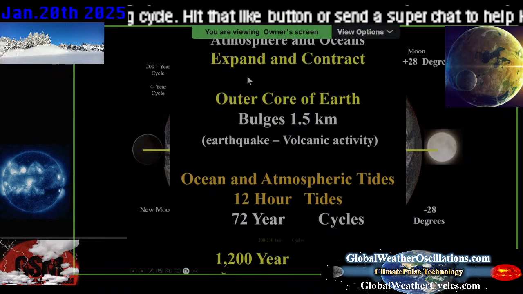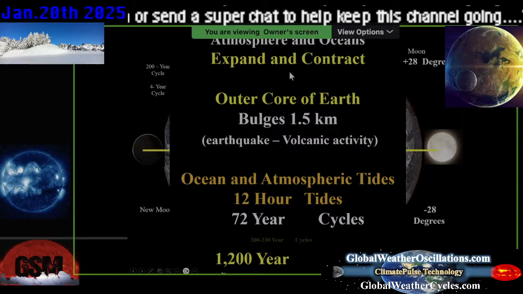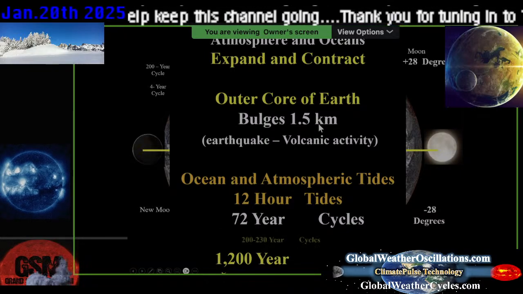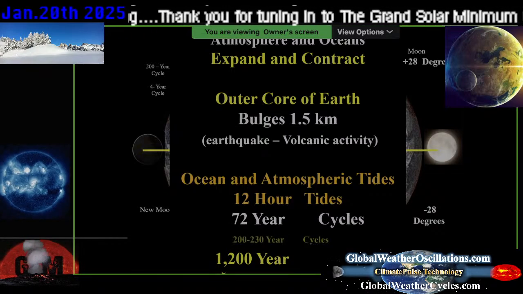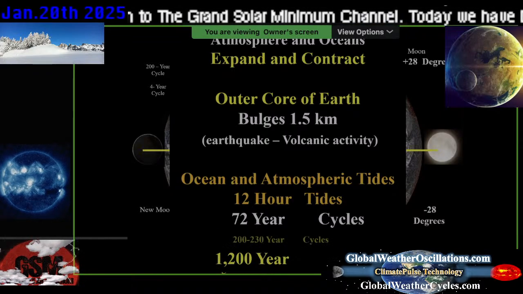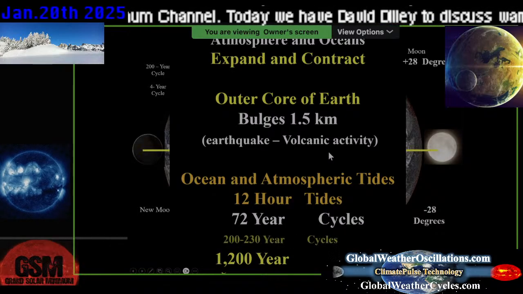And these strong gravitational cycles expand and contract the outer core of the Earth. The outer core of the Earth can bulge by 1.5 kilometers. Then you can get slippage of the plates. You can have increased earthquake and volcanic activity.